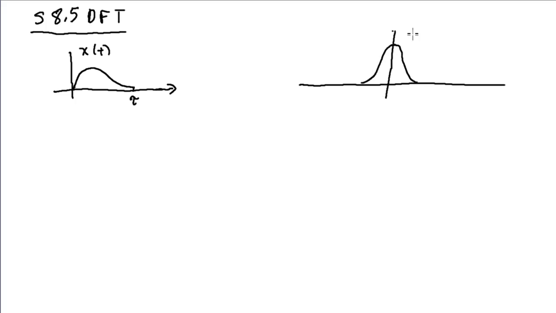So this is our X of omega. Although I'll find it convenient here to label the axis in hertz. And again, we'll say that the spectral width is equal to capital B.